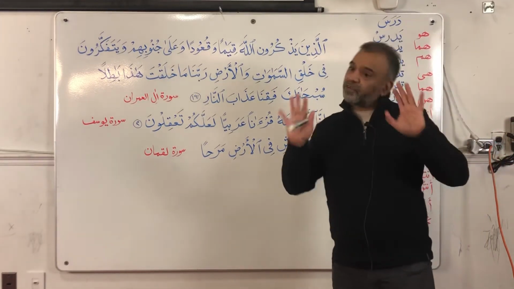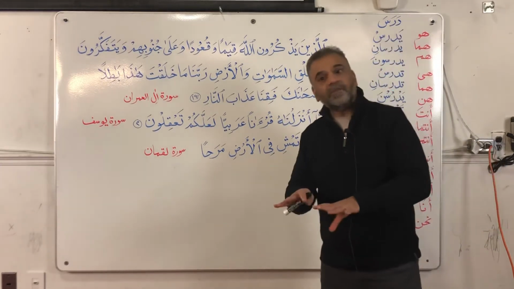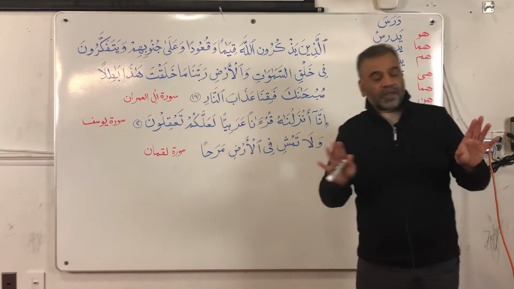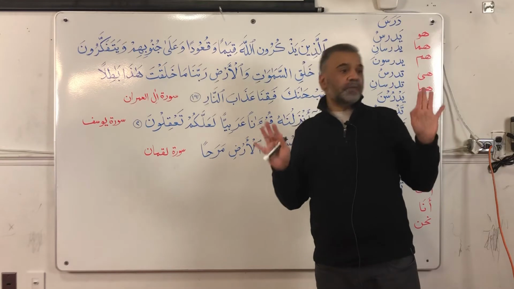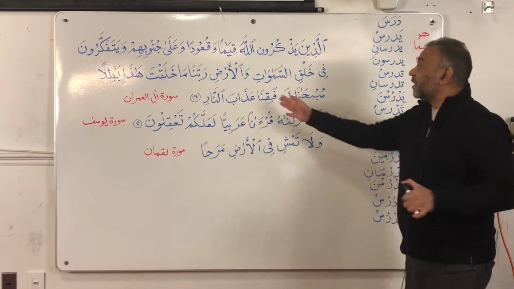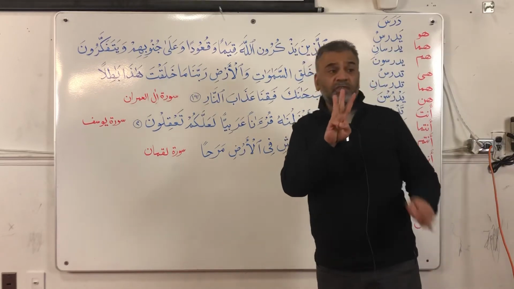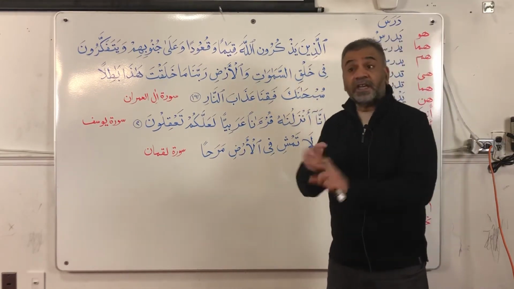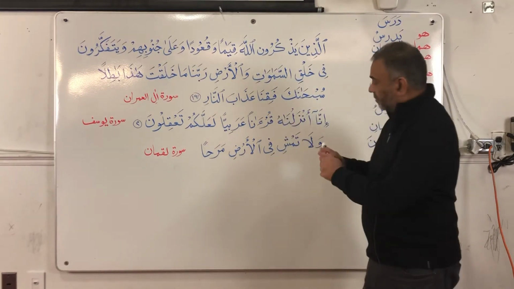And then they suddenly become submissive, and then they just ask for forgiveness and for being saved from the fire. So fakina, how many words in fakina? 3 words. Fa, harf ataf, qi is a fail amar, verb, just this.